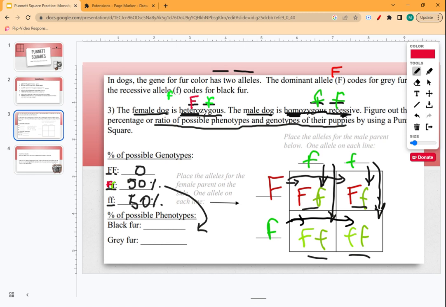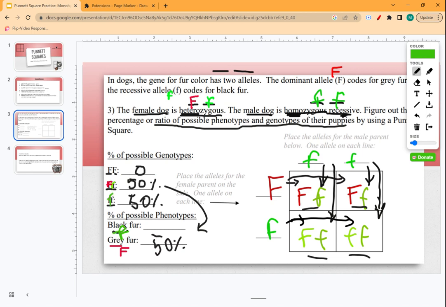So this, remember, gray fur was dominant. When do you see it? 50% of the time, right? With the genotype that's associated with it. So 50% here. And then black fur, remember, was little f because it was recessive.